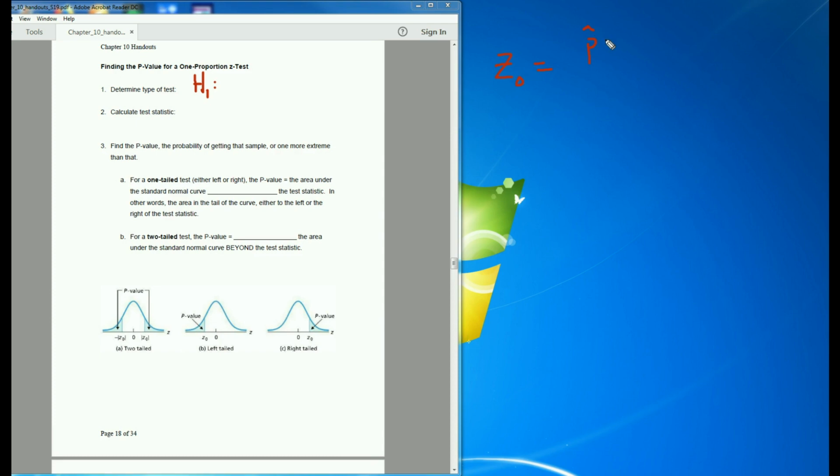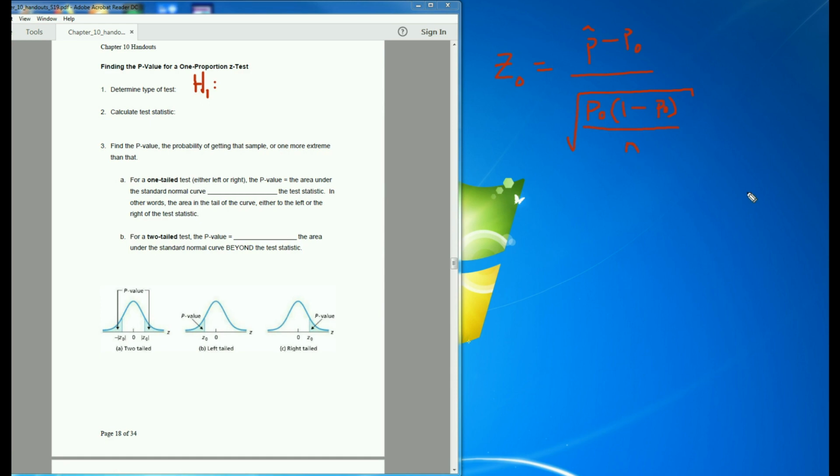Okay, your sample proportion minus your hypothesized proportion divided by the square root of p0 times 1 minus p0, divided by the sample size.